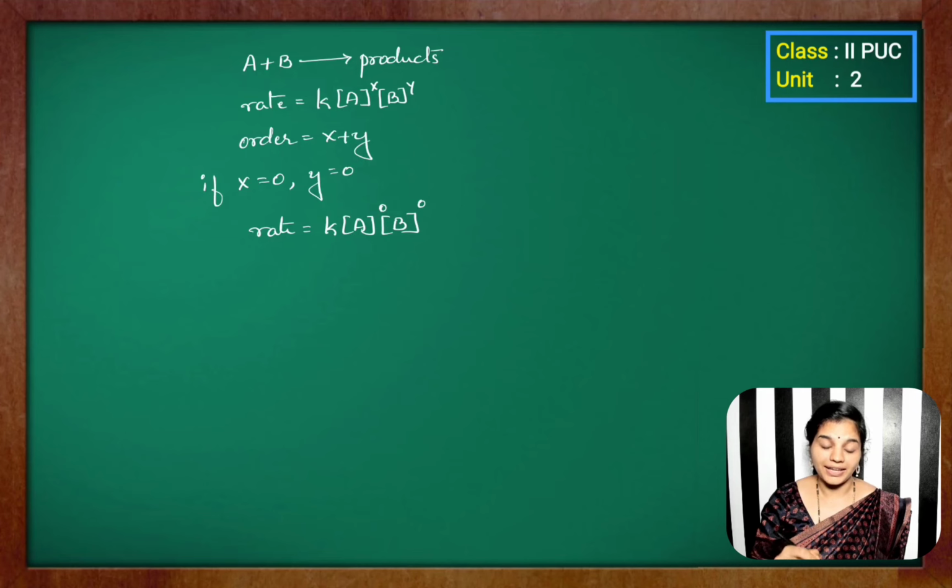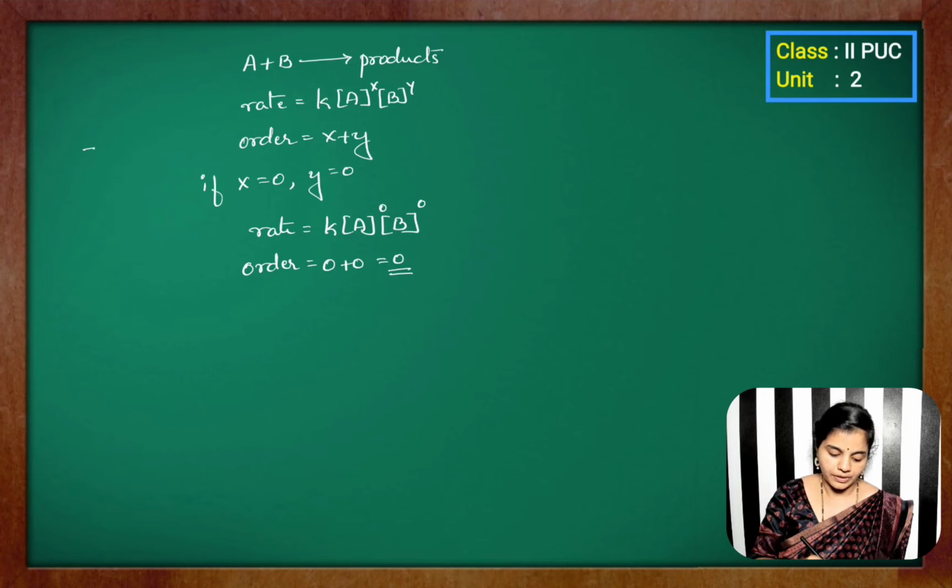So here now if I check the order of the reaction, order is equal to X plus Y. So now it is 0 plus 0, which is equal to 0. So when order of reaction is 0, we call it a zero order reaction. So when X is 0 and Y is 0, that particular chemical reaction is a zero order reaction.